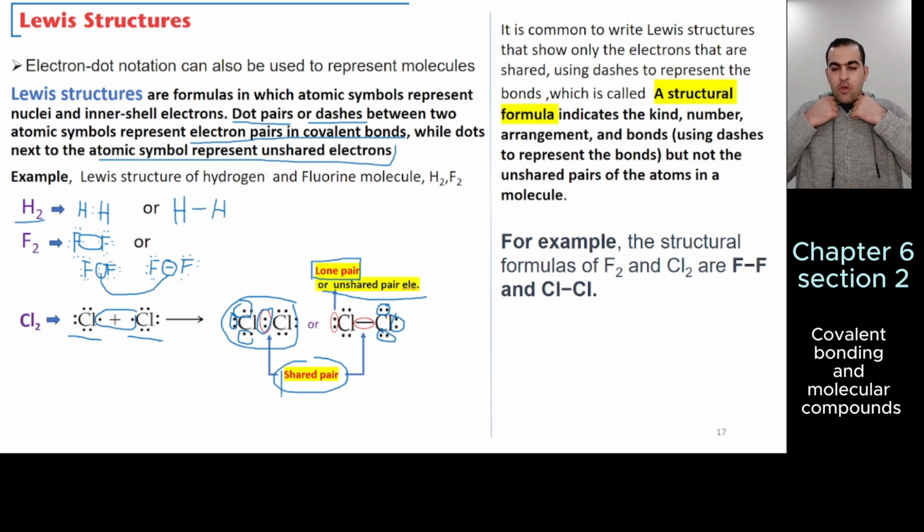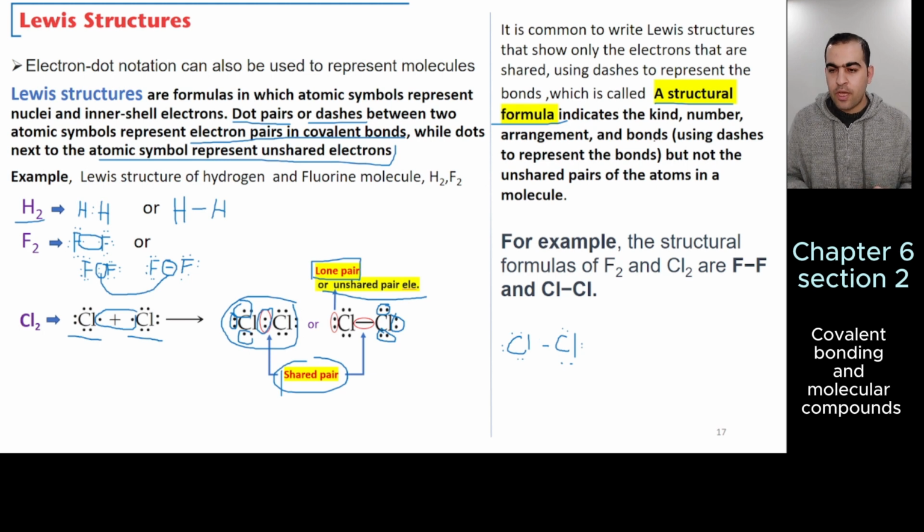We have another way to write a Lewis structure, which is called a structural formula. In a structural formula, we're not going to show the unshared electrons. We remove them from this formula. For example, chlorine: this is the Lewis structure of chlorine.